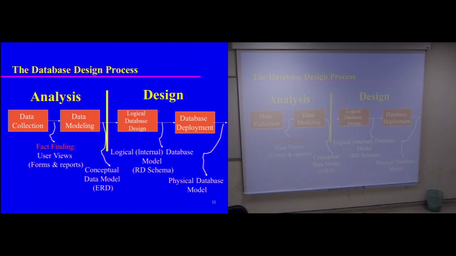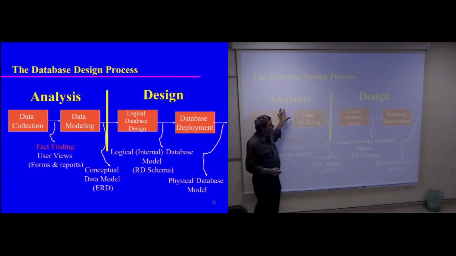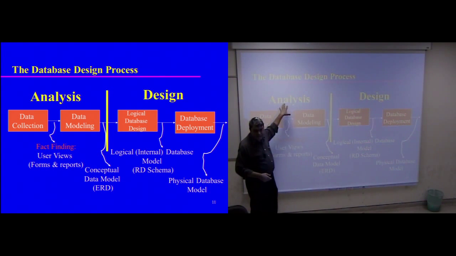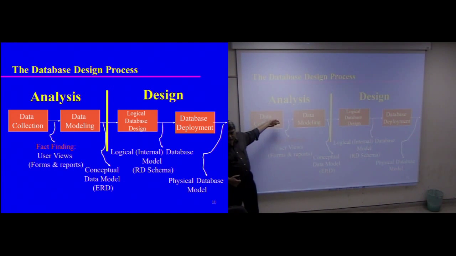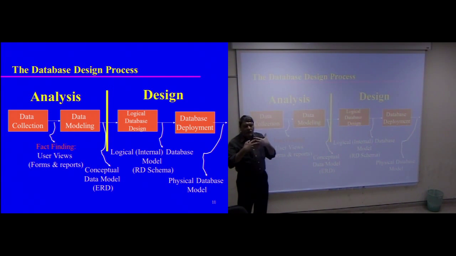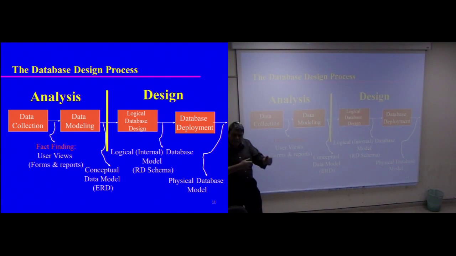So we go into a process like this of 4 stages. At least this is a simplification of the process that goes into 2 main phases: analysis and design. By analysis we mean understanding. By design we mean we are going to build the model and implement the model. So the process starts with data collection. What does data collection mean?